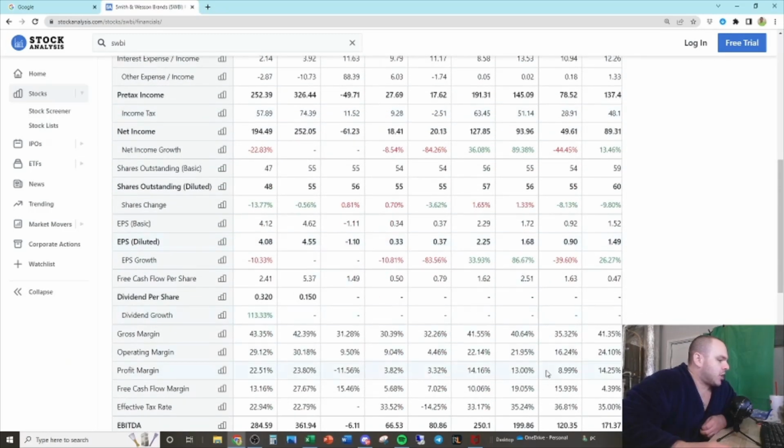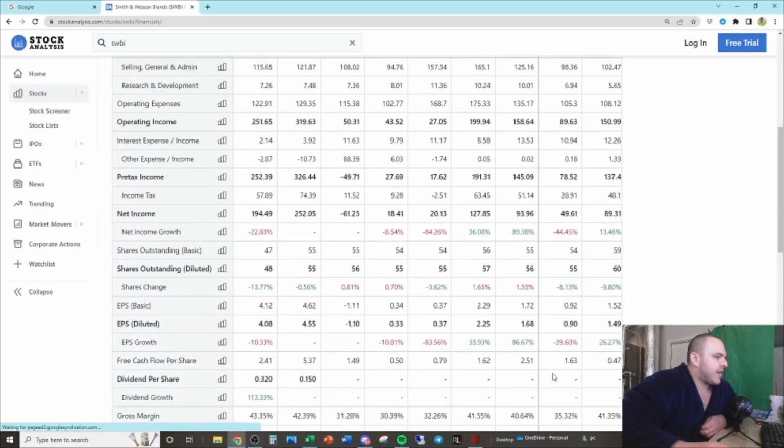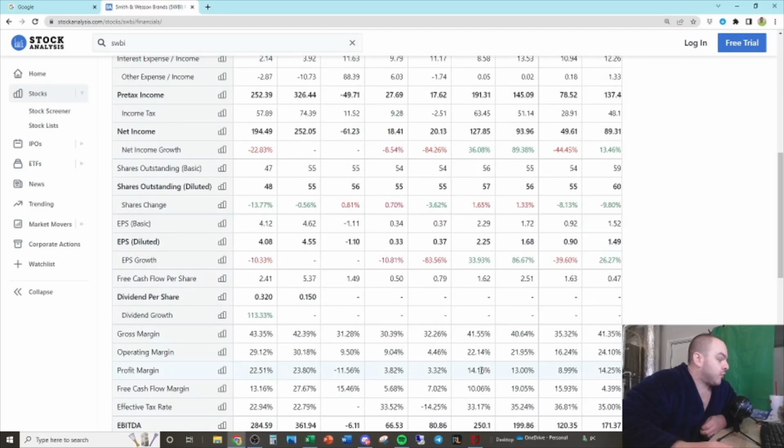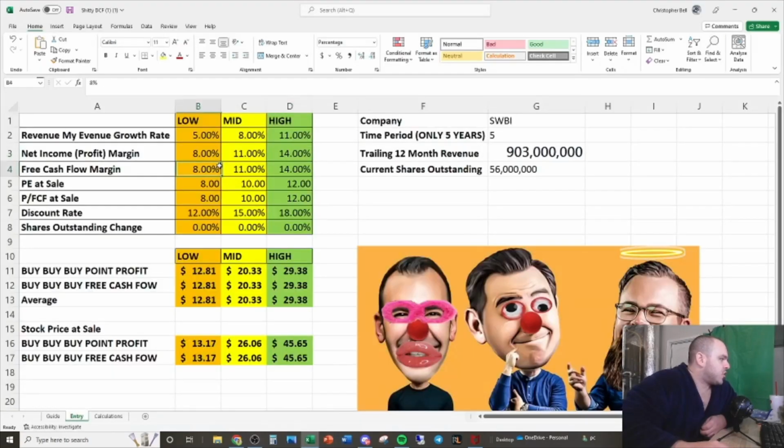Oh, the profit margin is 13%. Is that the correct year? Oh, wrong year. 14%, 13, 8, 14. Okay, so for profit margin, we're going to do 8, 11, and 14. Why not? For PE, we're going to do 8, 10, and 12 because that's just what I randomly feel like doing. So at the end of the day, you get these buy points, okay? If you buy Smith & Wesson at $12.81, you're going to get a 12% rate of return.